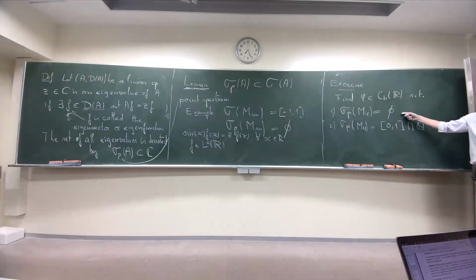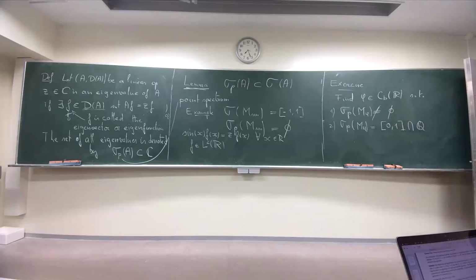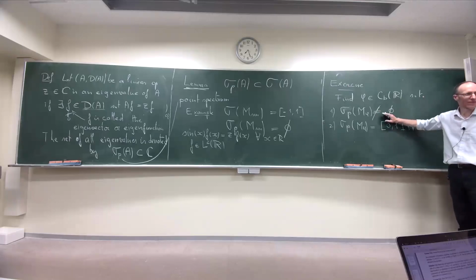This is easy. This is less easy. Sorry? Yeah, the first, yeah, the answer for the first one. Oh, no, sorry, it was not empty. Not empty. Yeah, otherwise this is too simple. No, not empty. Anything but not zero.